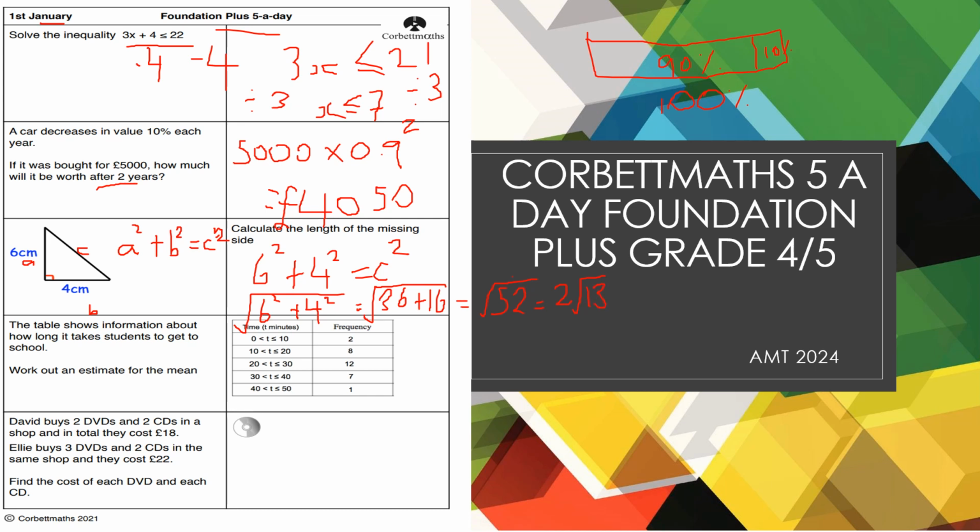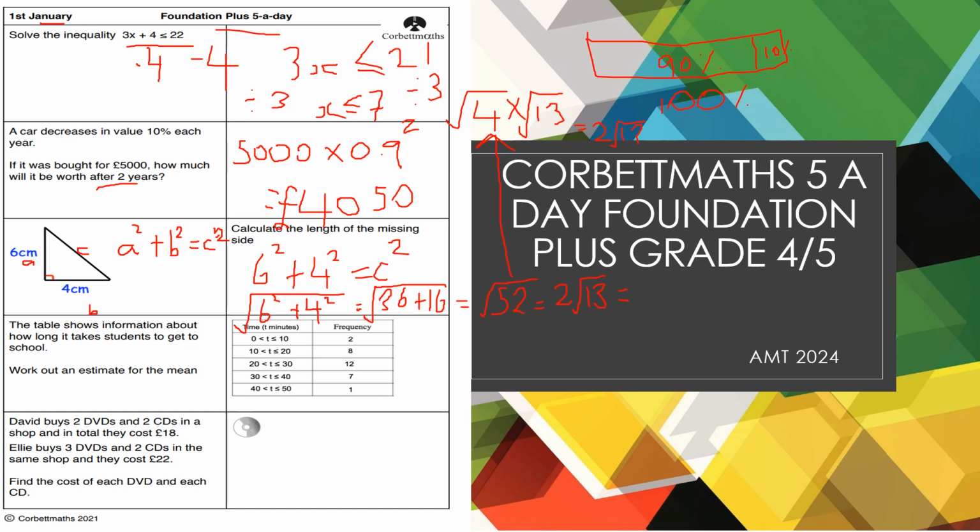The reason for that is because root 52 is the same as saying root 4 times root 13. The square root of 4 gives you a whole number answer, so you've got root 4 times root 13, which is going to be 2 root 13. Which will give you a decimal answer here, but for the purpose of this video, I'll leave it in its exact form, but you can just ping it into your calculator and get a number.